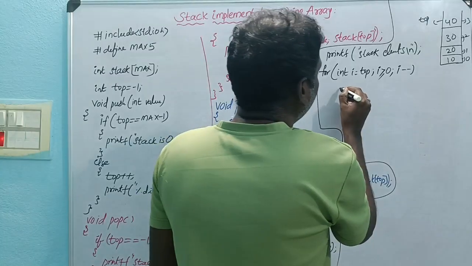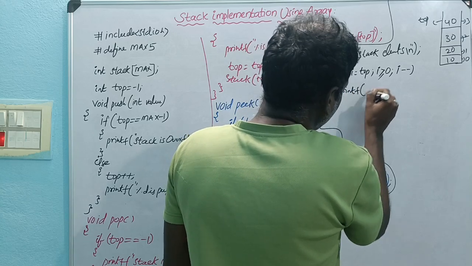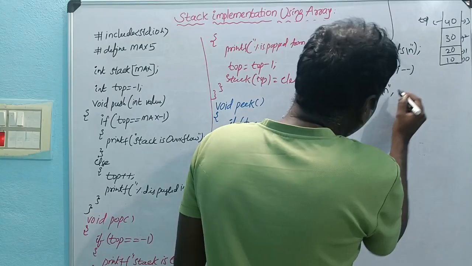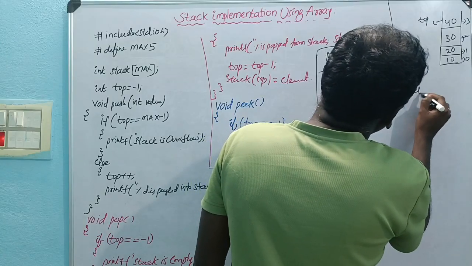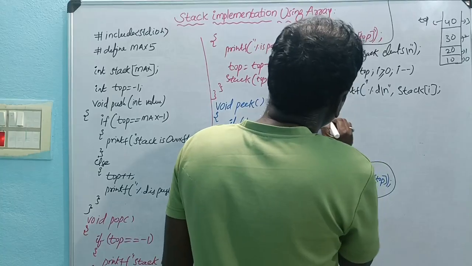So now printf "%d\n", stack of i. That means the condition follows here.